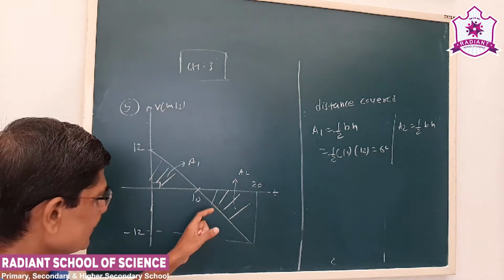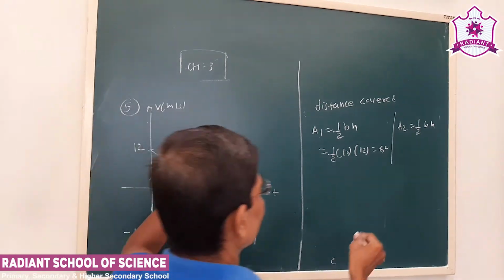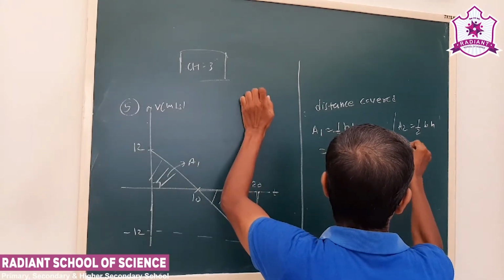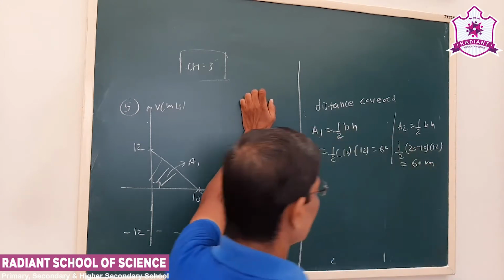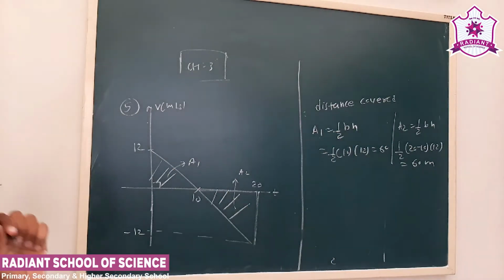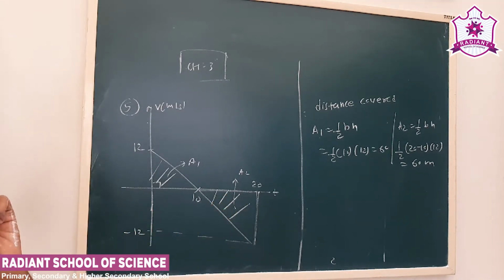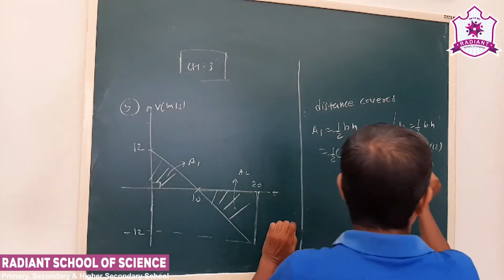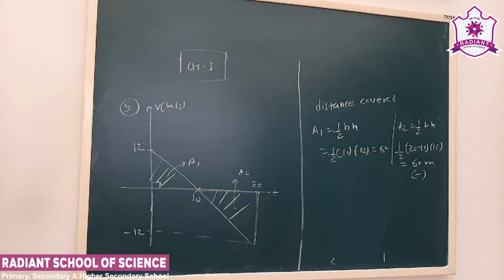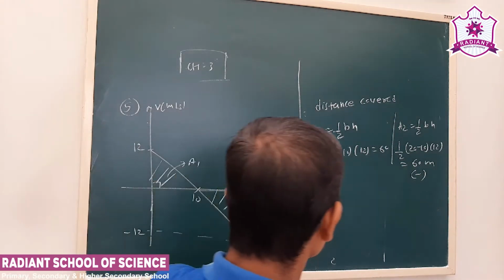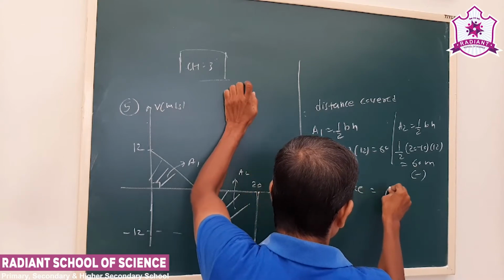The height will again be 12, and the base will be 20 minus 12. But actually this triangle is below the origin, so we consider it negative. But we know displacement is a vector quantity and distance is a scalar quantity. So distance will always be positive.